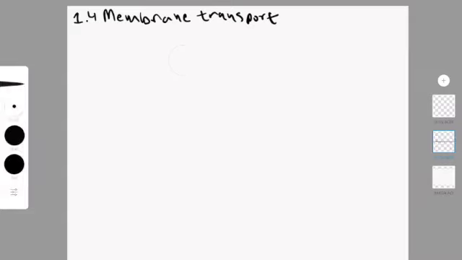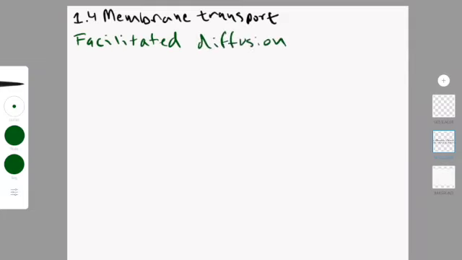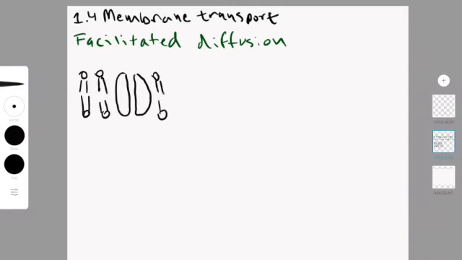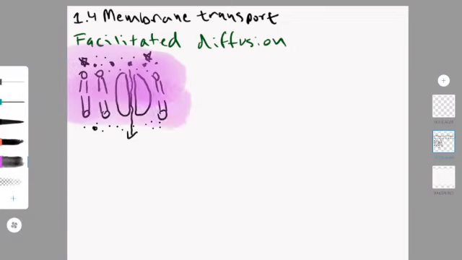Now the next one is facilitated diffusion, which also goes from high to low concentration. It is also passive, and it is used for ionic compounds and fructose. Essentially, what you need is a channel protein, which is filled with water, where the molecule or compound, fructose, whatever, can move down and just go through it.